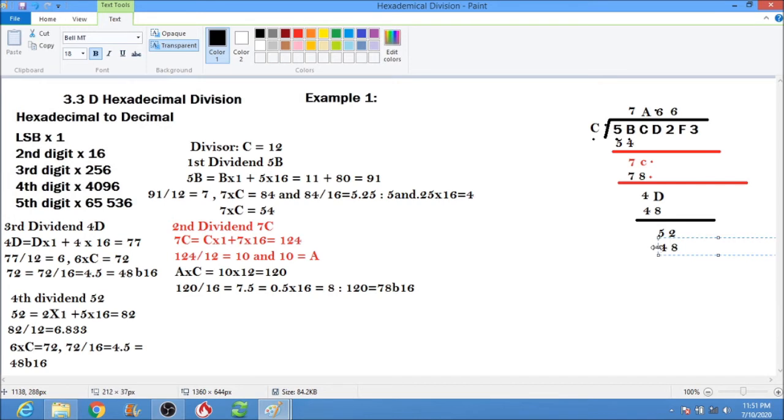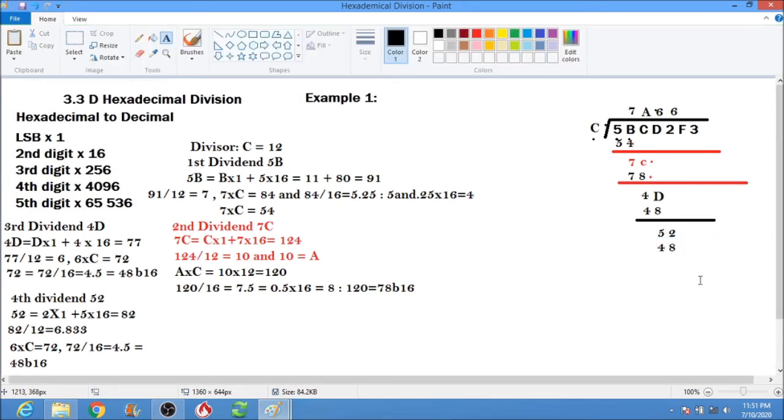Then we subtract. 2 minus 8 cannot be, so borrow 1 from 5.